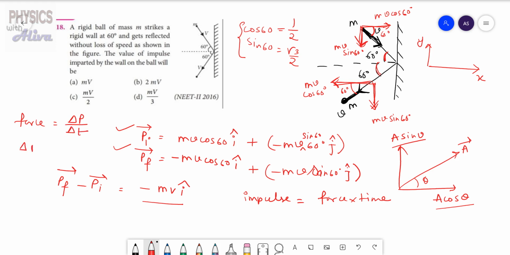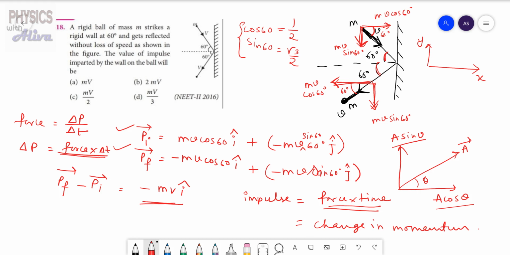So change in momentum is equal to force into the time taken, right? So this change in momentum is the impulse. Change in momentum is equal to the impulse.